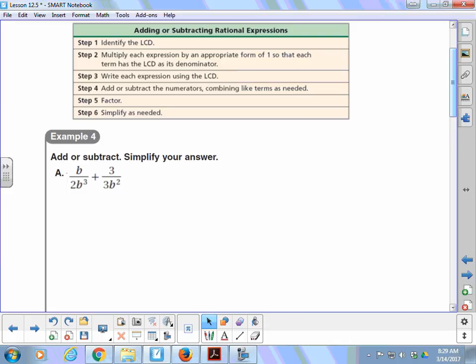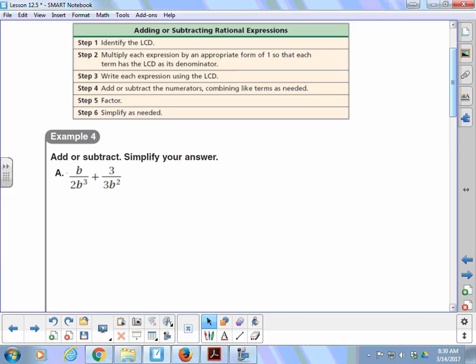Then we can add or subtract them. Now, sometimes you have to look at these. Maybe I can simplify before I find my common denominator. In this case, we actually can simplify before we do anything else.